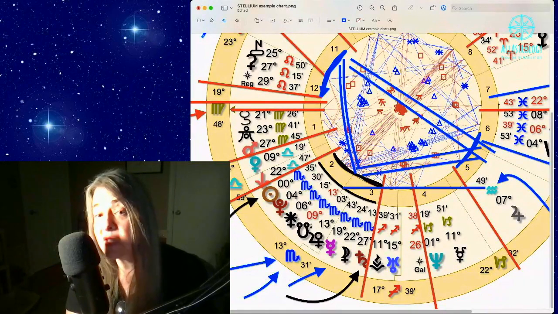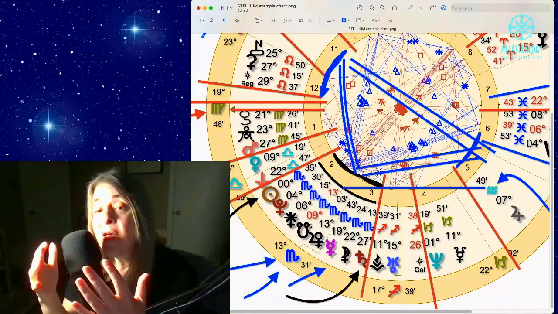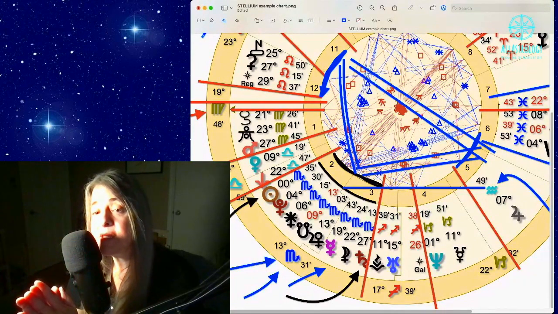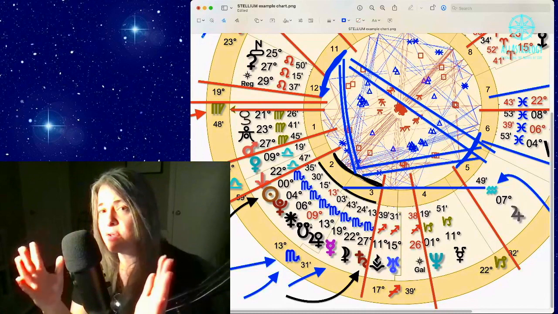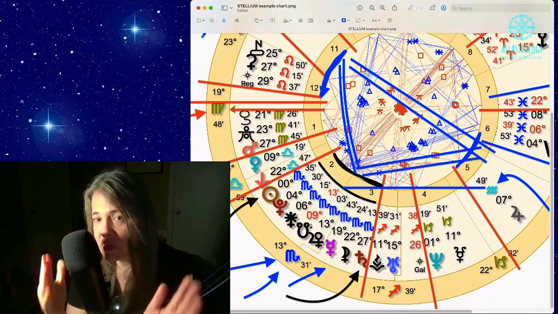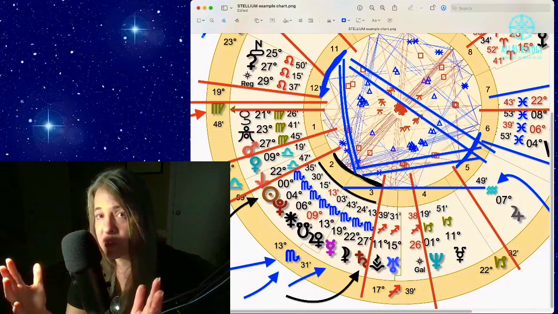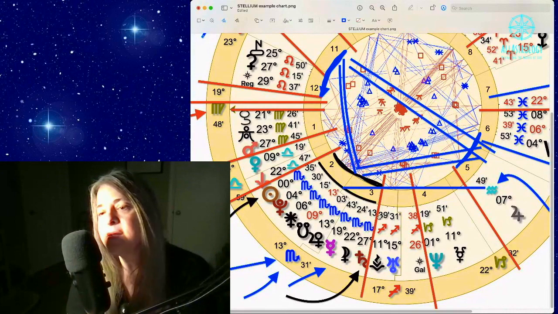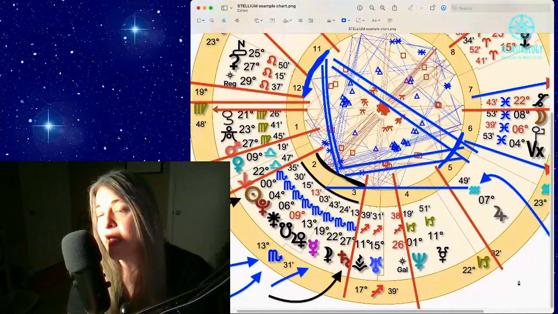And Scorpio energy, this person has this from 0 to 27 degrees. You see that? So it's like if there's only 30 degrees to Scorpio, we're basically saying that through 0 to 30, pretty much, this person has to just kind of hang on and know that there will be an end.